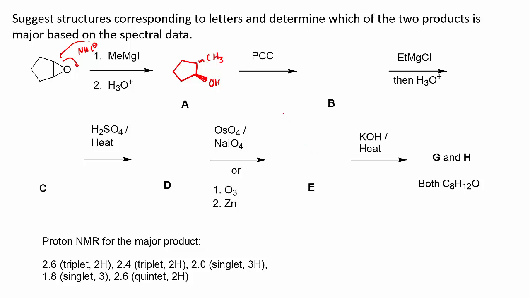Okay, so PCC is of course for alcohol oxidation. We're not going to worry about the aldehyde versus carboxylic acid issue since this is a secondary alcohol. Only the ketone can be produced.